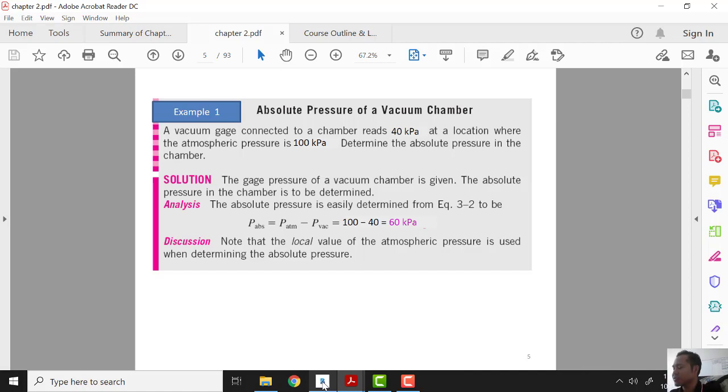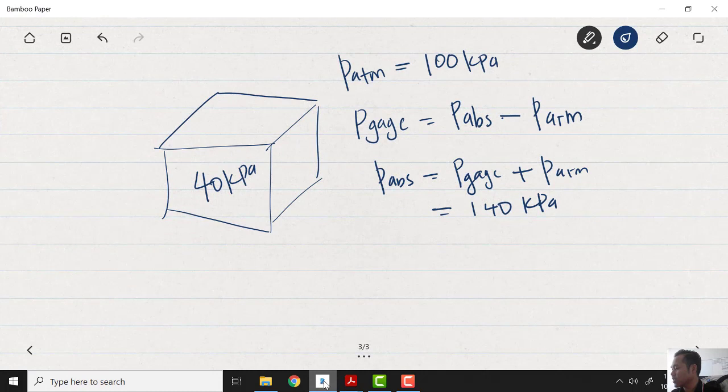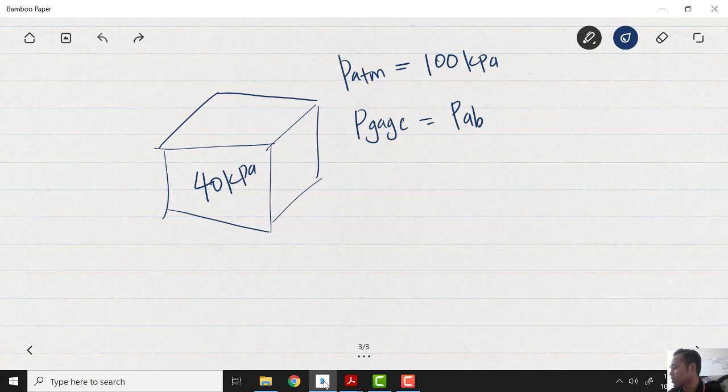Oh, sorry, the question here is about a vacuum gauge pressure, so we need to use the vacuum equation. Let's go back a bit. We have P vacuum equal to PATM minus PABS.